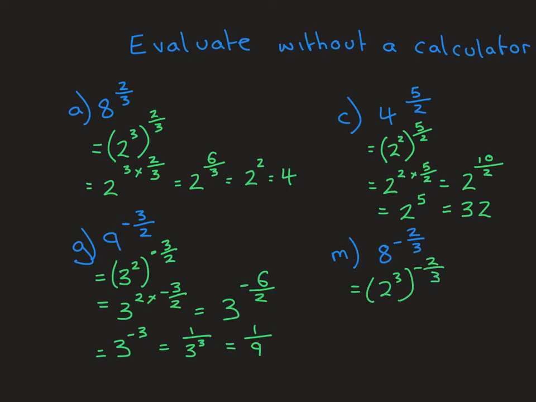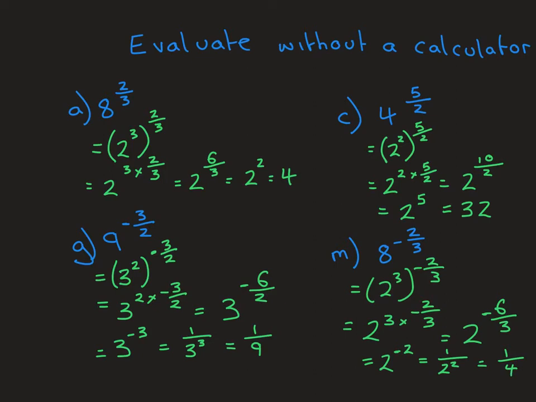We're going to expand our brackets, which equals 2 to the power of 3 multiplied by minus 2 on 3, which equals 2 to the power of minus 6 on 3, which is equal to 2 to the power of negative 2, which equals 1 over 2 squared, which equals 1 over 4.